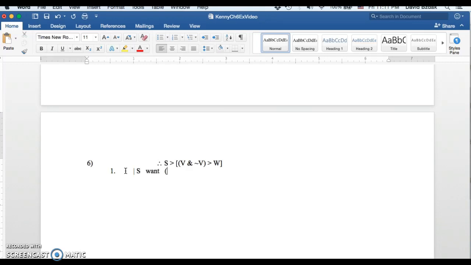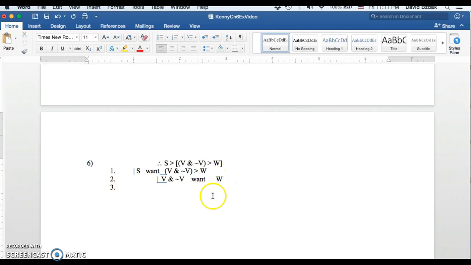So S, want V and not V, conditional W. Now this second thing is a conditional too, the thing we want. So again, we can indent again, and we can do V and not V as our assumption, want W.